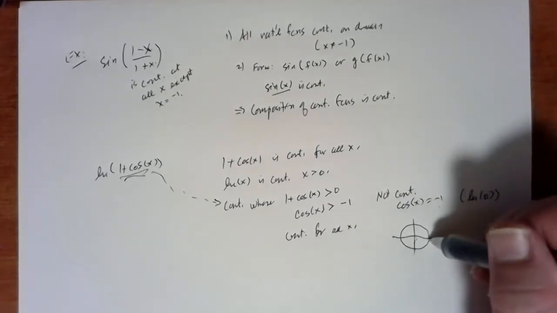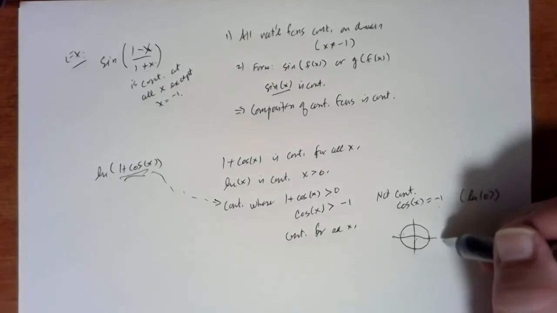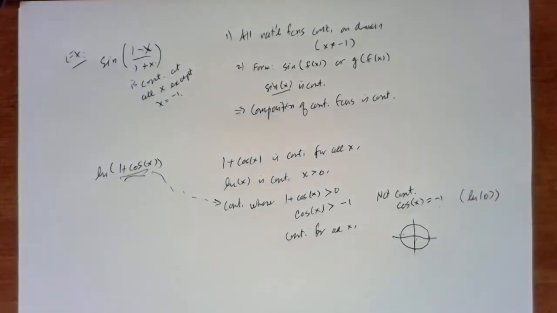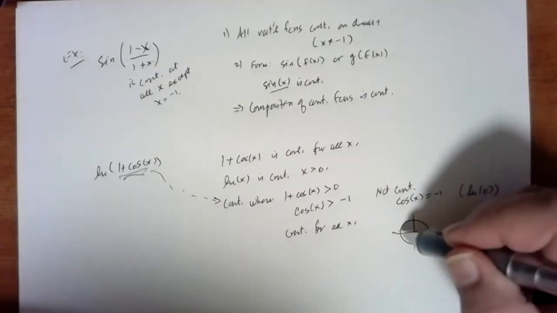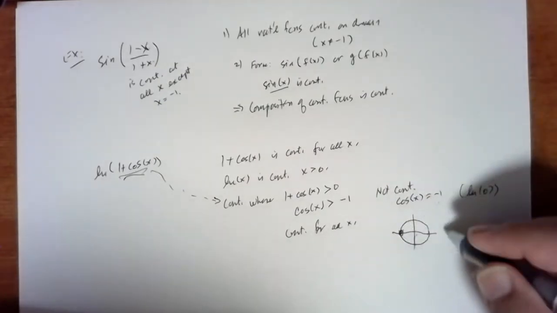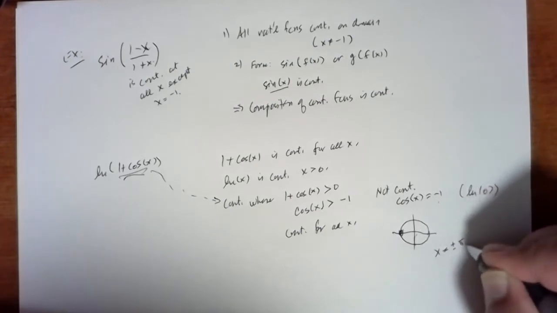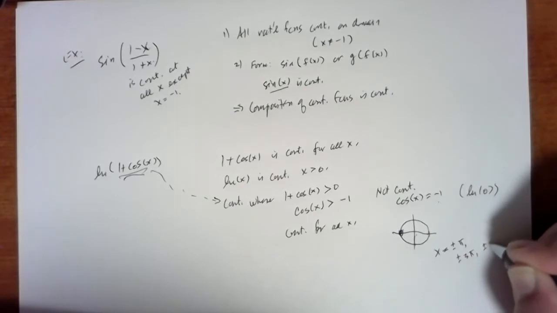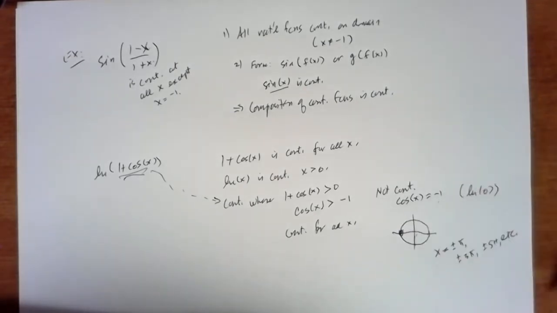So the x-axis is minus 1 at... hang on one sec. Okay, so the cosine of x is equal to minus 1 here. And so that's going to be x equals plus or minus pi, plus or minus 3 pi, plus or minus 5 pi, etc. Those are the odd multiples of pi.